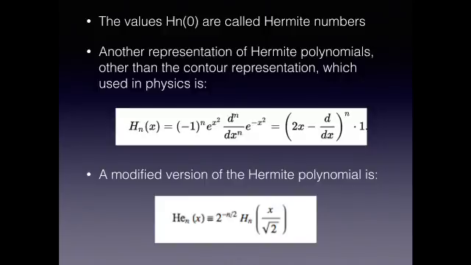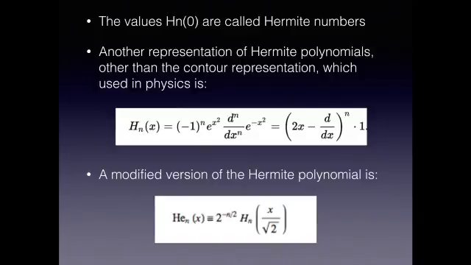We already saw the contour representation of Hermite polynomials. Other than these, there are two standardized representations of Hermite polynomials. The first is the one more popularly used in physics, and it is given as follows.